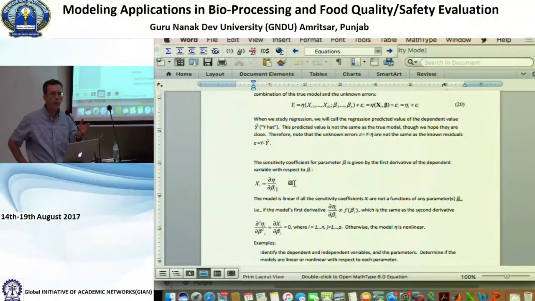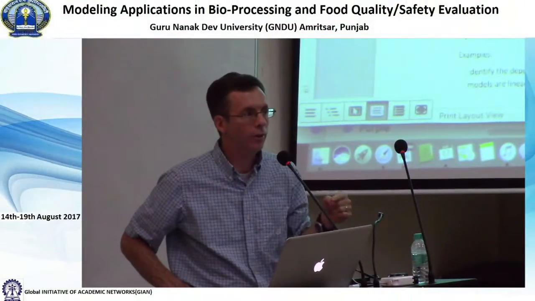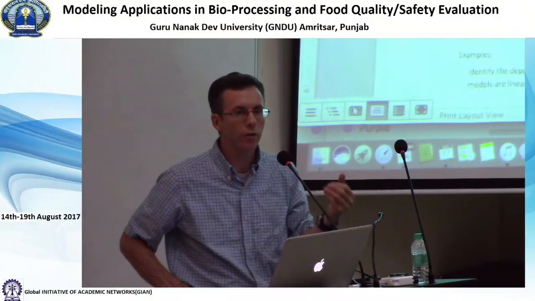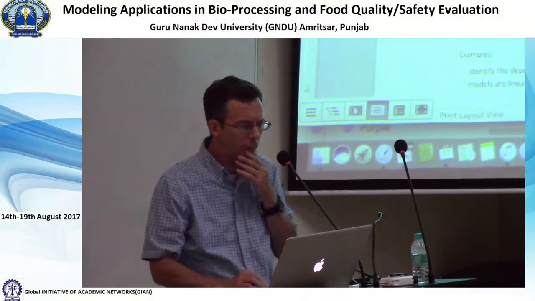What it's doing is telling you how sensitive the model is to the parameter. If the model is not sensitive to the parameter, you can just remove the parameter. We don't need it. If the model is very sensitive to the parameter, it's easy to estimate, or it's much more accurate when you estimate it. I'll give you an example of that later.